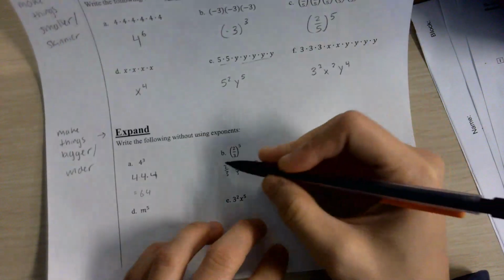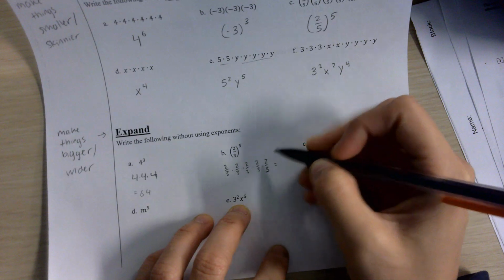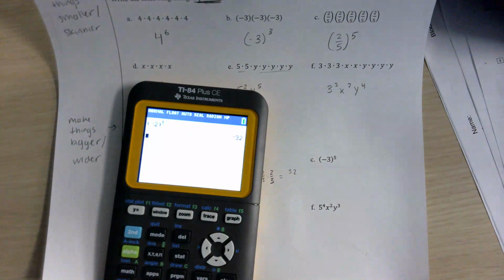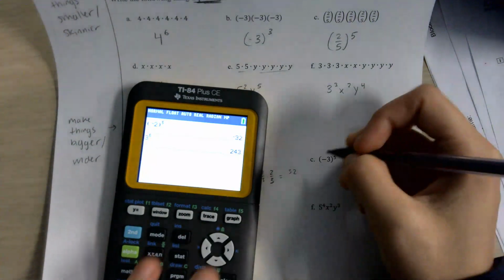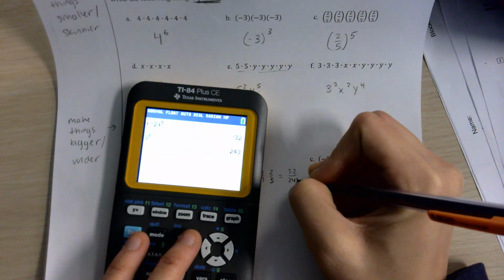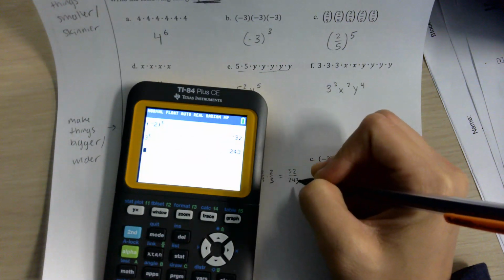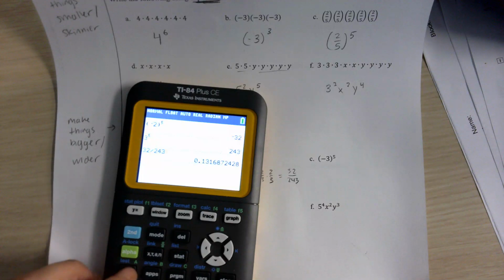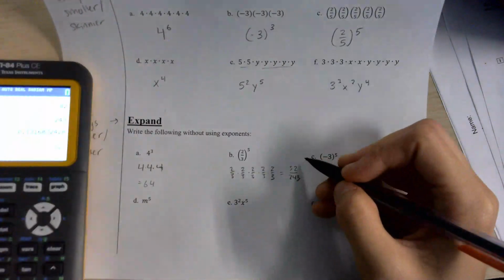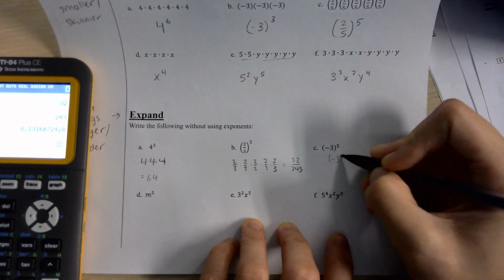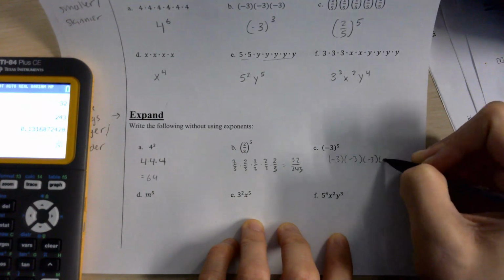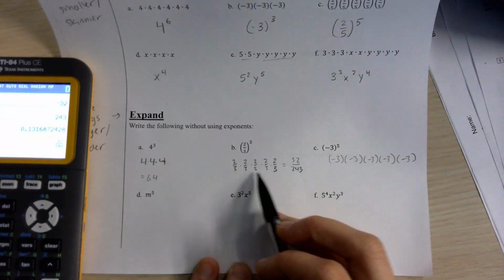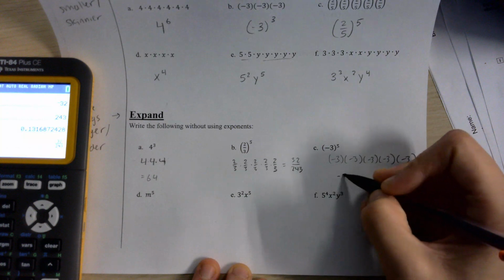If we were to do this, 2 times 2 is 4, 8, 16, 32, and then 3 to the power of 5, 243. I don't think that's simplifiable, but let's check. 32 divided by 243. Nope, it's already simplified. Okay, negative 3, negative 3, negative 3, negative 3, negative 3, keeping those parentheses. We already know that 3 to the 5th is 243, so this is just negative 243.